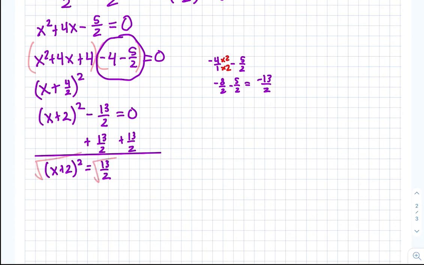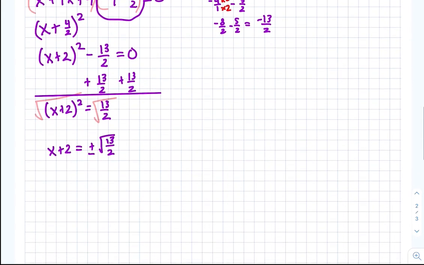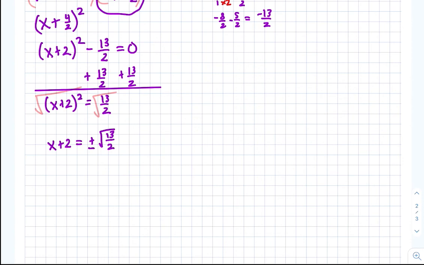So we're going to get x plus 2 is equal to plus or minus the square root of 13 over 2. Okay, this goes into two terms, so we're going to get x plus 2 equals the square root of 13 over 2, or x plus 2 is equal to negative the square root of 13 over 2.